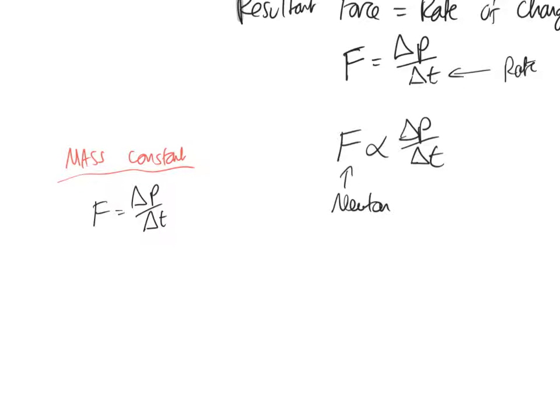Now, change in momentum is just going to be the final momentum, mv, because remember momentum is equal to mass times velocity, minus the initial momentum, mu, u being the initial velocity. Remember that from suvat. So we've just changed delta P into what it actually is, the final momentum minus the initial momentum, and that's divided by time.